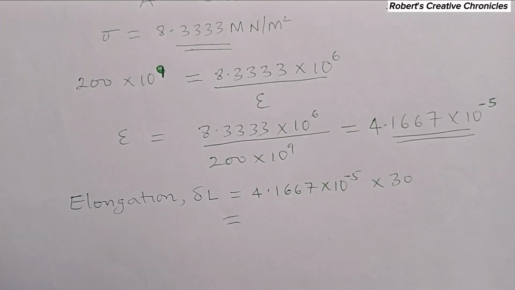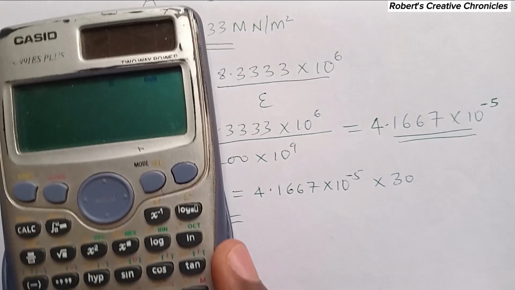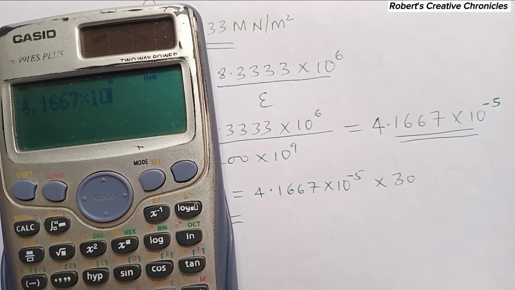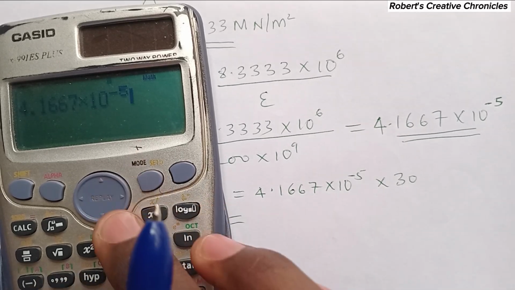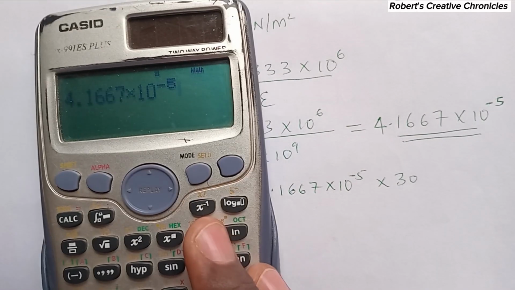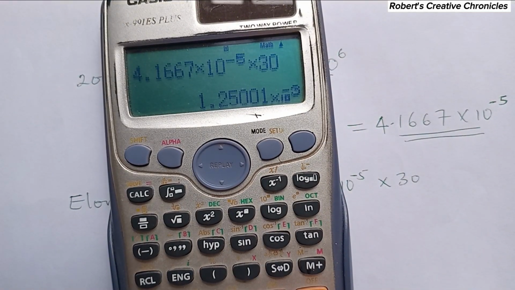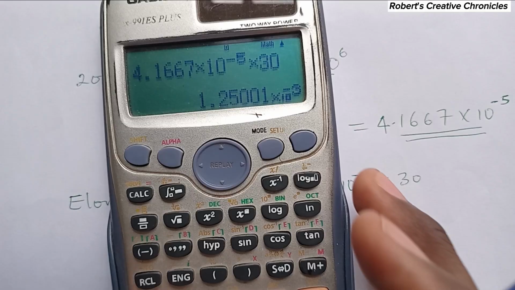So this becomes what? 4.1667 times 10 raised to the power of minus 5 times 30. Now this is 1.25 times 10 raised to the power of minus 3.